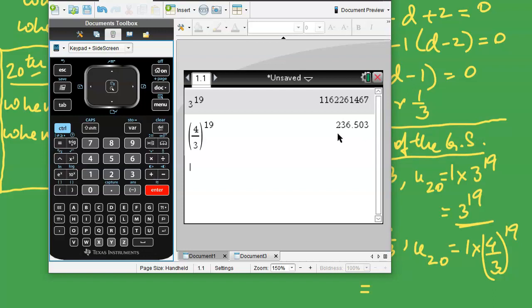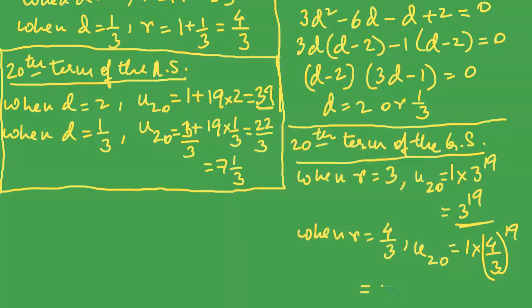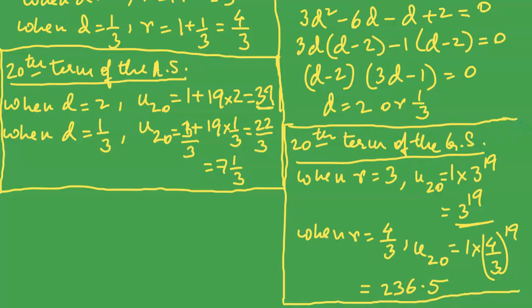So we may write it as 236.5. Okay. So for the geometric sequence also we have got the 2 different cases, and these are the 2 different values for the 20th term, when r is equal to 3 and when r is equal to 4 over 3.